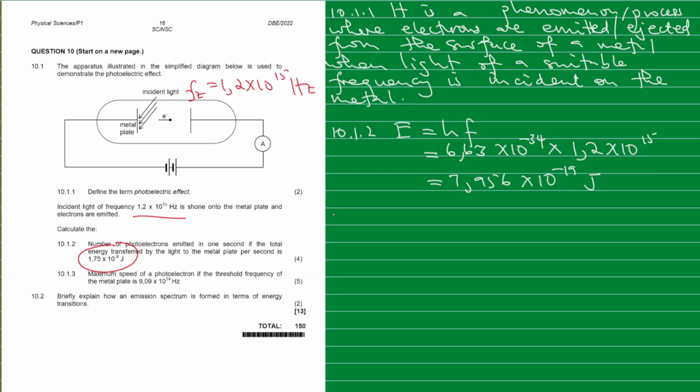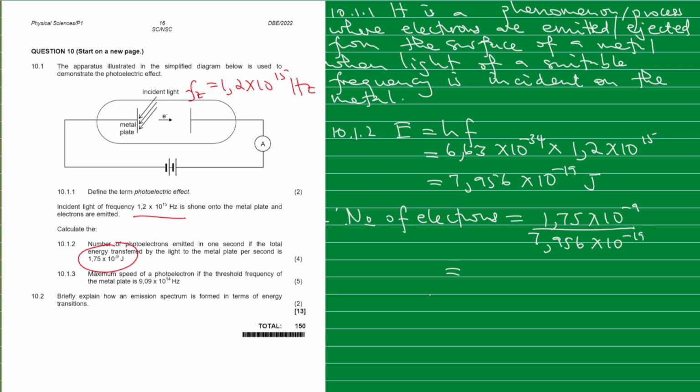Now, how many photons would we need to have this total amount of energy? Therefore, the number of electrons that we need is the total energy divided by the energy of each photon. That will be 1.75 times 10 to the power negative 9, divided by 7.956 times 10 to the power negative 19.